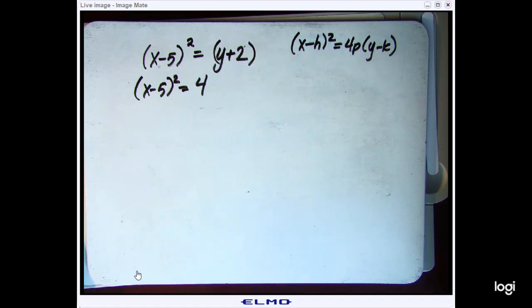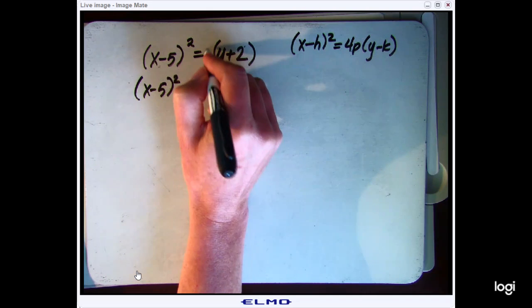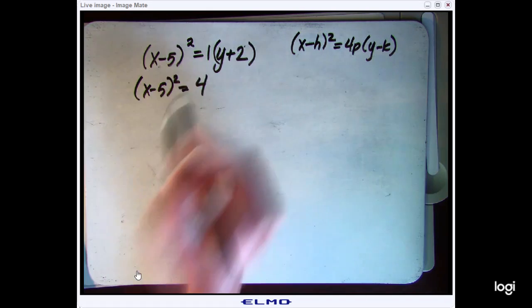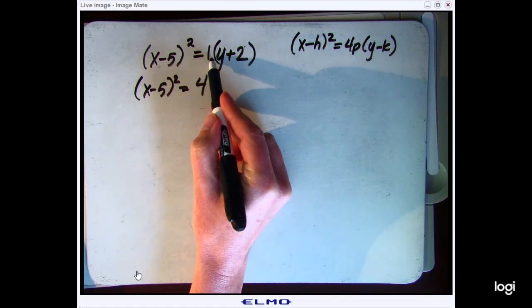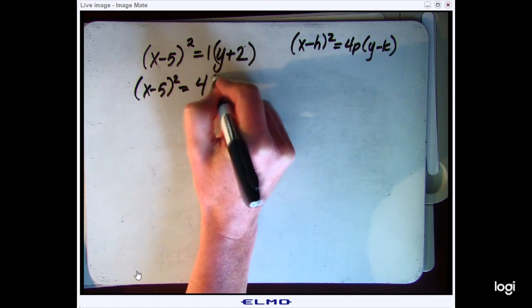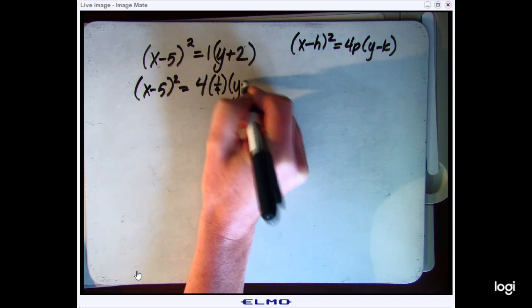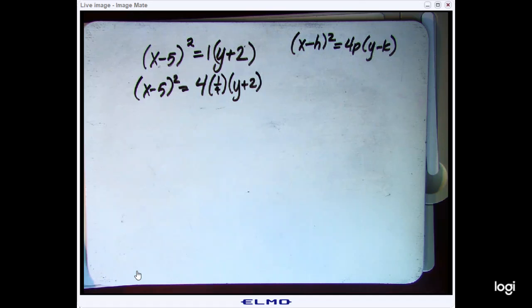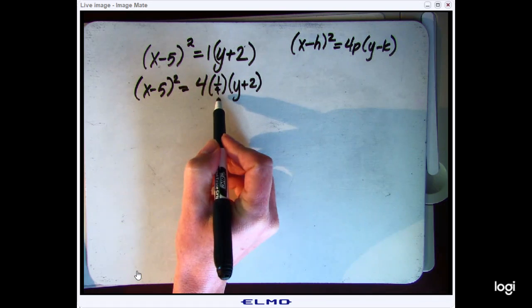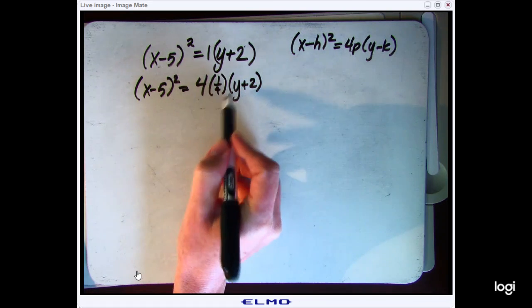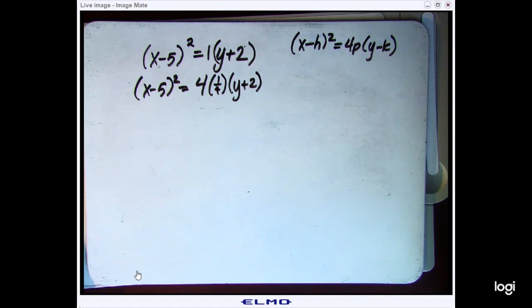All right, there it is. The 4 is there. Let's put a 1 right there. 4 times what would give me 1? 1/4. Now I have my 4 value and I have my p value. And this is what helps me figure out that focus and directrix.